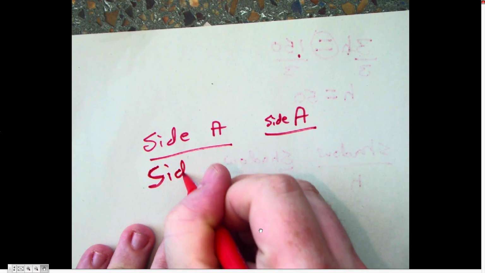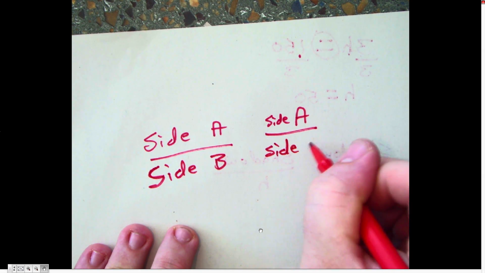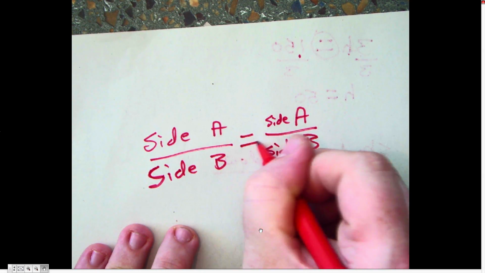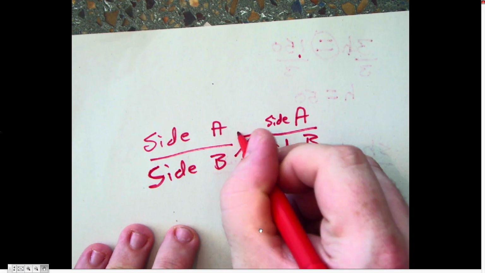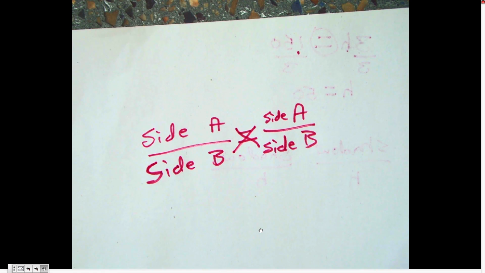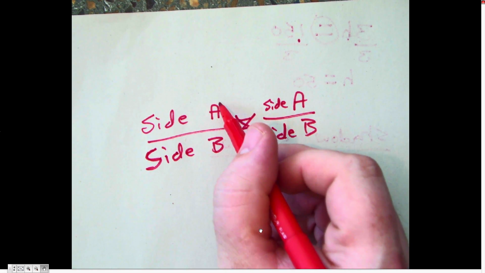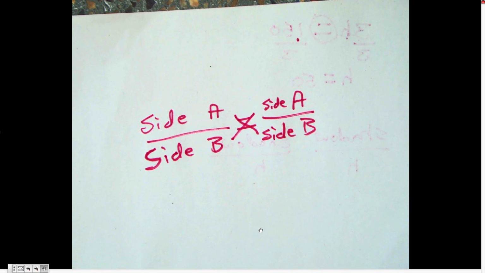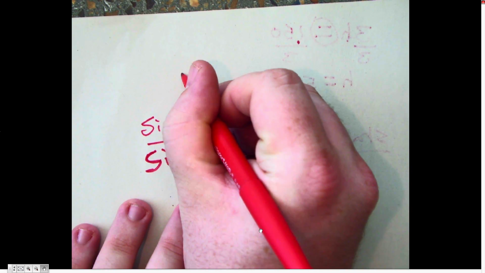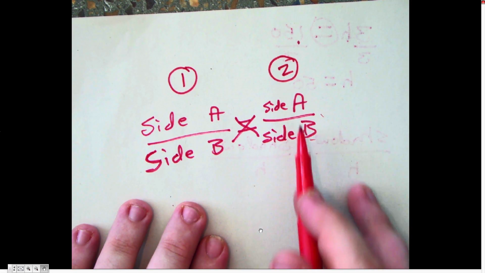Side B with side B on bottom. Then you multiply them, and then you solve for wherever the variable is. So always make sure side A and A are on top, B and B are on the bottom, and then you're okay. And that's triangle number 1 and triangle 2.